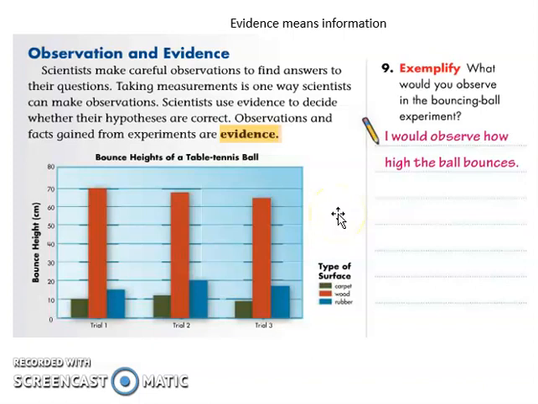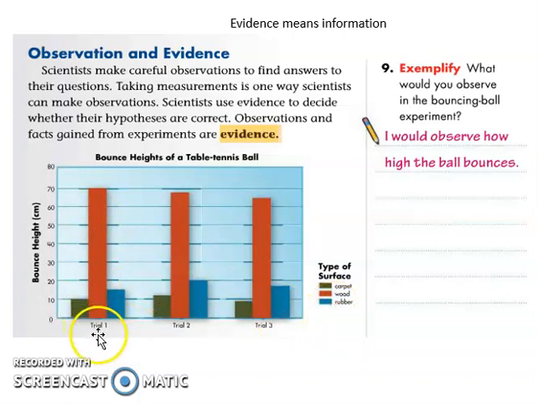So one of the observations that they do is they observe it on different surfaces, right? So they graph it. The green one here represents the carpet measurement, the red one represents the wood, and the blue one represents the rubber.